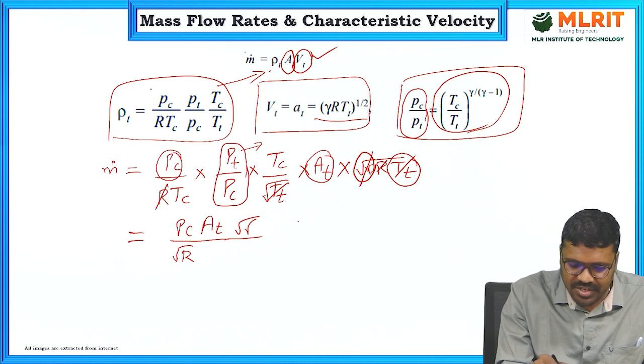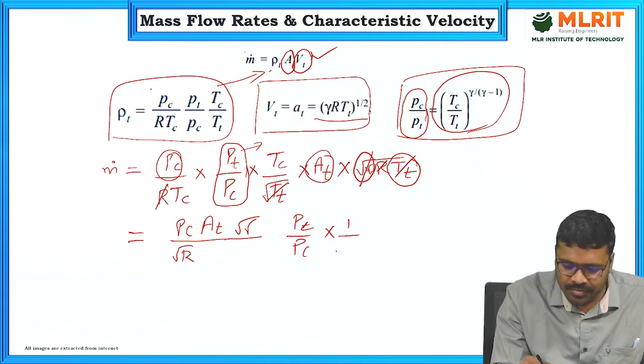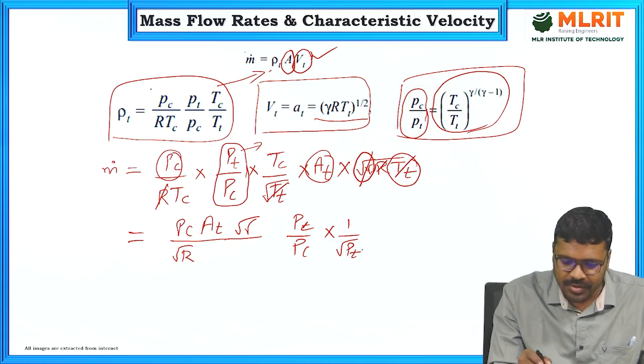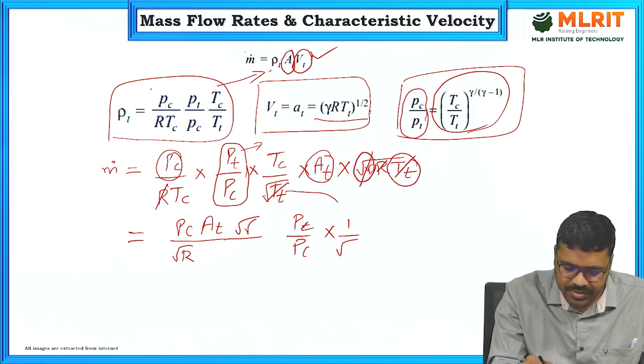So this equation will become Pt by Pc into 1 by this term under root Tt.